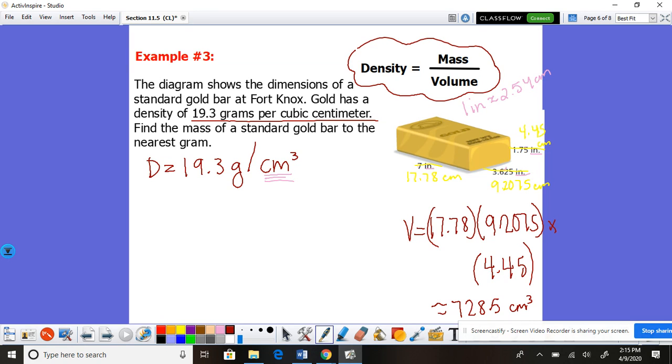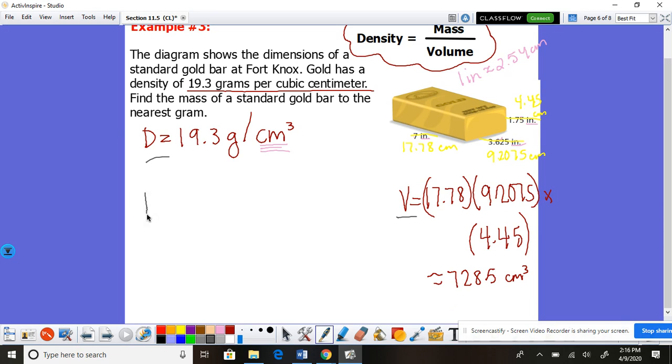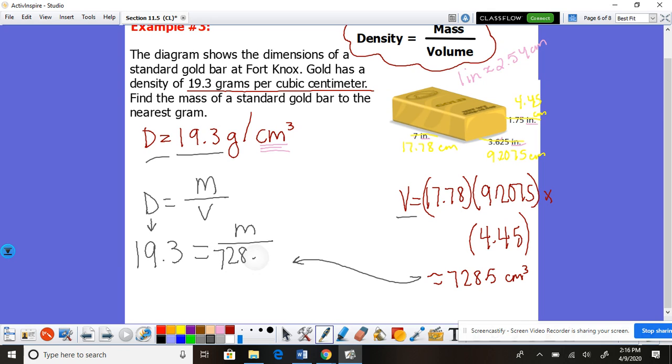All right, so density equals mass over volume. Well, we have the density, we have the volume, we can find the mass. So if I plug it in, density equals mass over volume. My density is 19.3, so I'm going to plug that in for my D, equals my mass, which I don't know, over, I know my volume, 728.5.